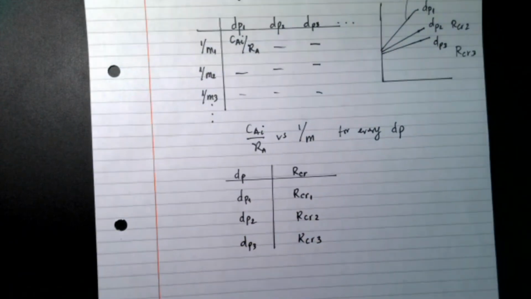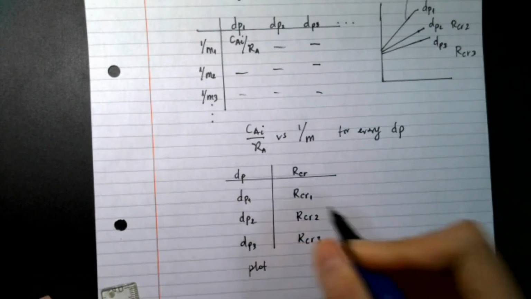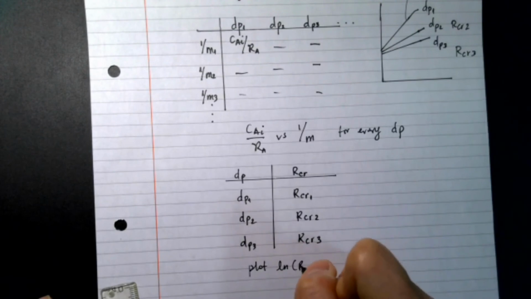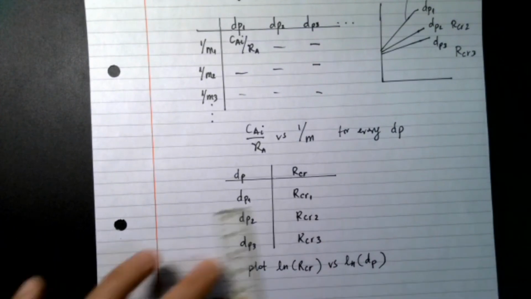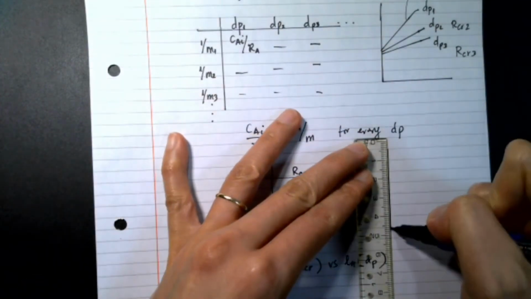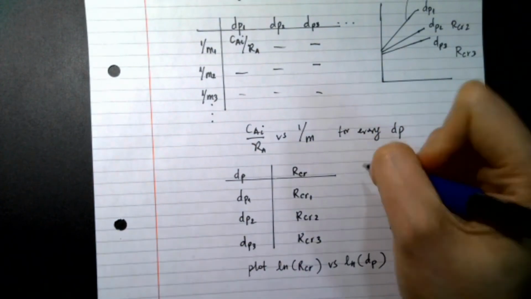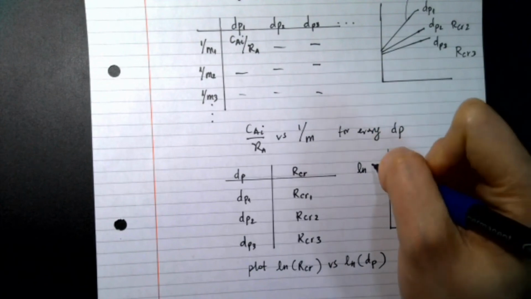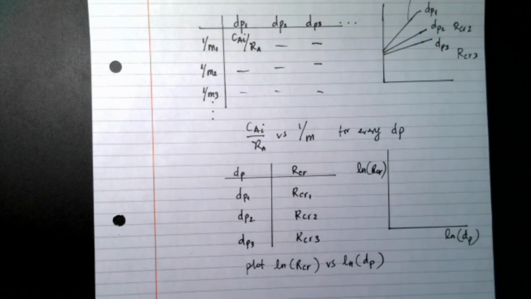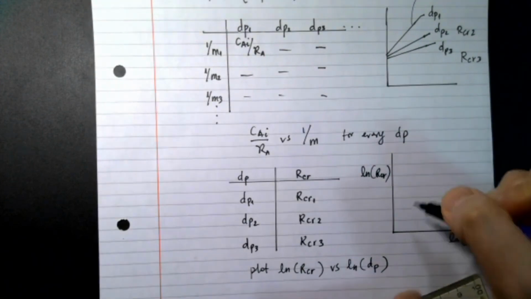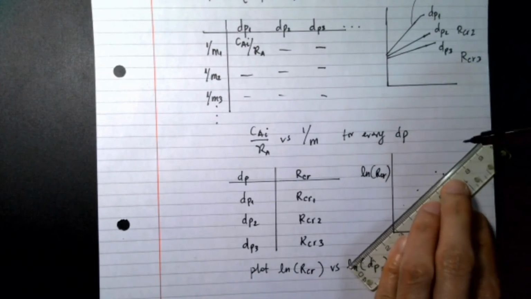The next thing that you should do is to plot the log of RCR versus the log of the particle diameter. Your plot may look like this. So plot these data points. This is log of RCR on the y-axis and log of the particle diameter on the x-axis. Plot your data points, and then you fit a trend line.